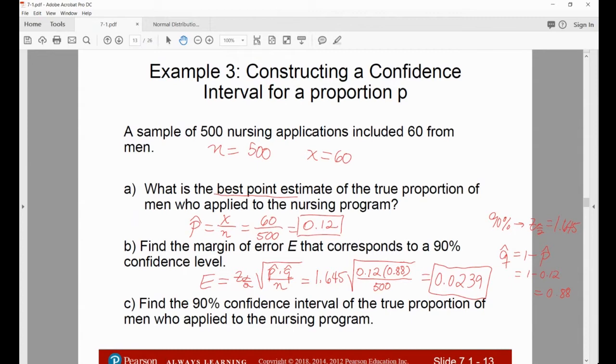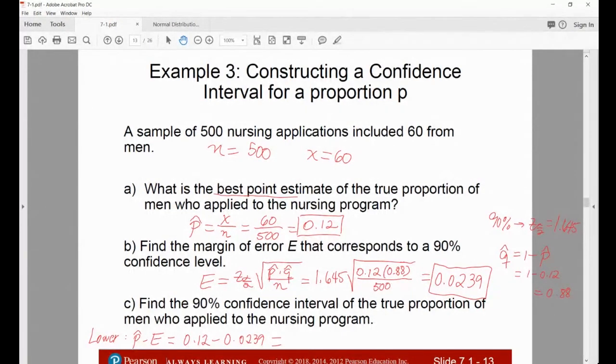And the last question is about the confidence interval. So for the confidence interval, we need the lower limit, p hat minus the margin of error. So p hat is 0.12. The margin of error is 0.0239.